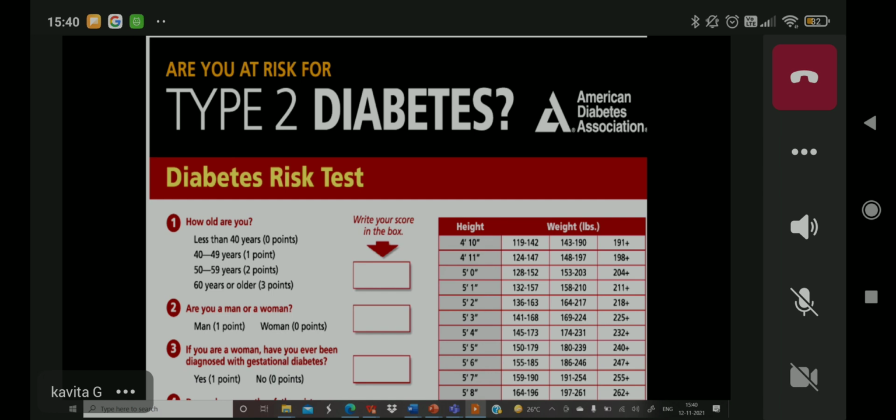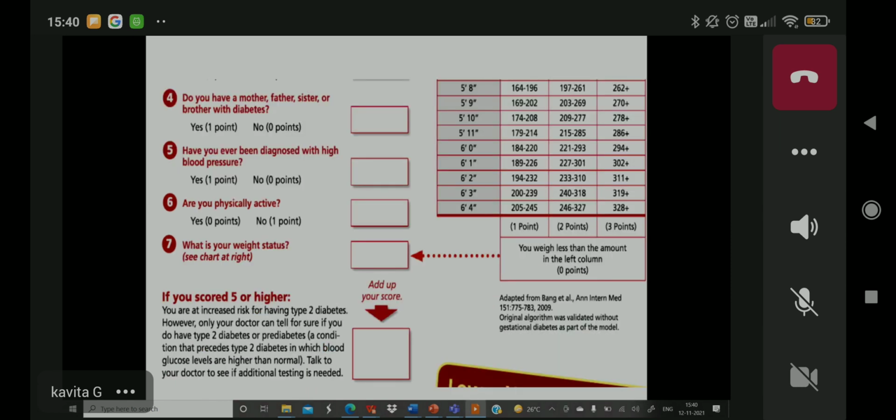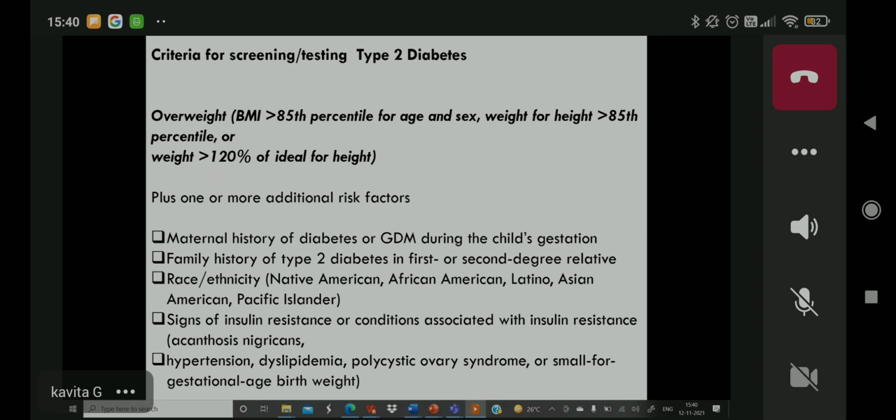Now, ADA says, are you at risk for type 2? So obviously, this is the kind of questionnaire that is there. How old are you? So the age, the gender, and GDM, and whether there's anyone in the family, physical activity, as well as your weight and your blood pressure. Now, the criteria is again over here overweight.